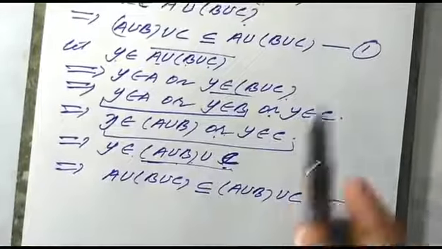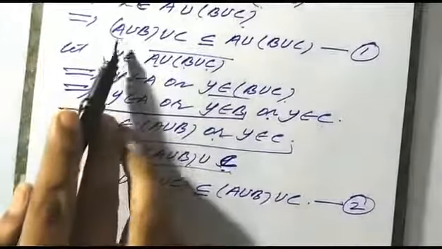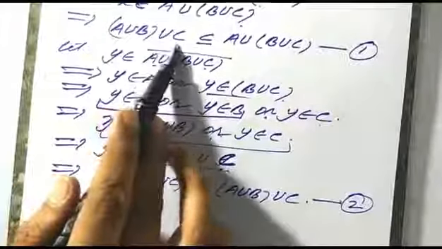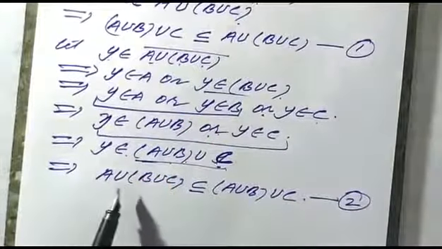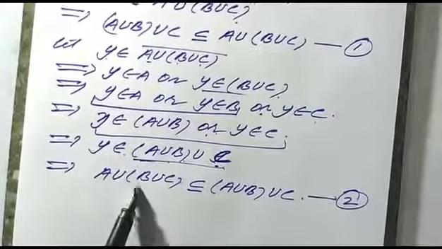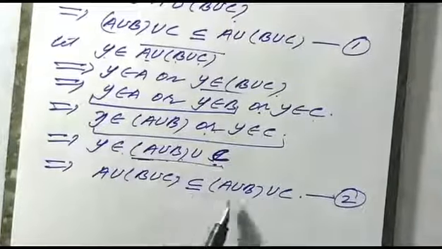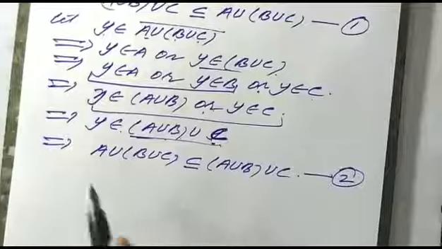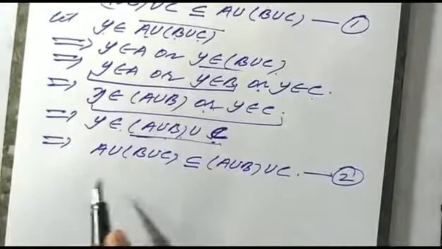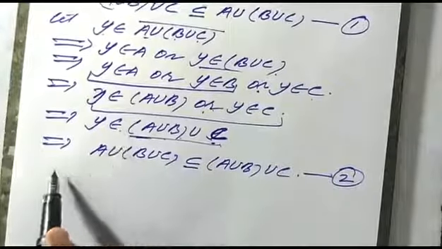Now if we observe equation number 1 and equation number 2, from 1, (A union B) union C is a subset of A union (B union C), and from 2, A union (B union C) is a subset of (A union B) union C. So this is only possible when these two sets are equal to each other.